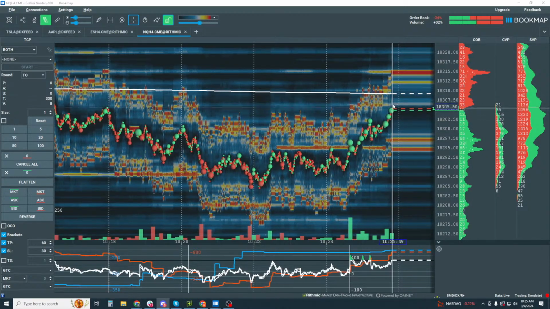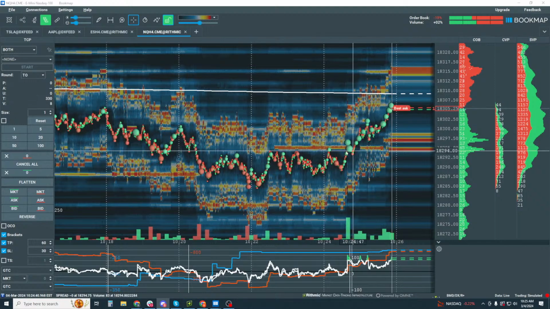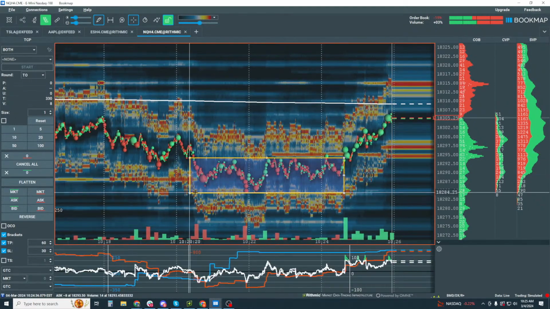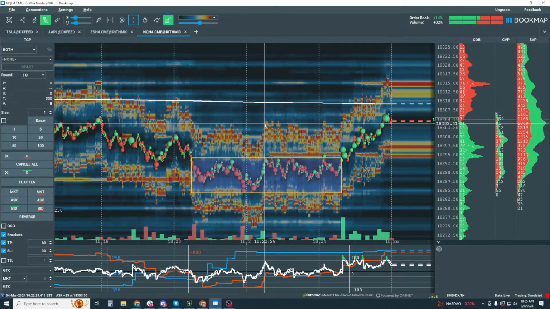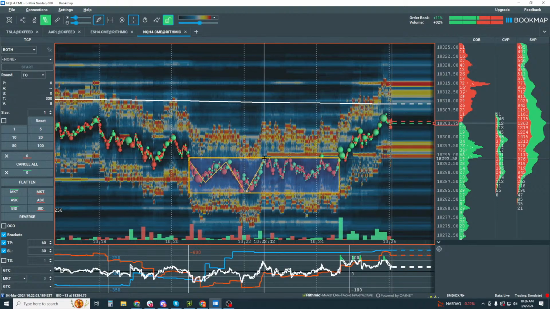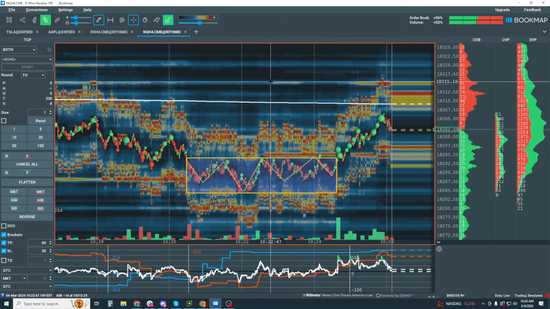So we're looking for those buyers to reach up to this 10 level here. Here it is right in front of us, right? So let's take a look. Here's our consolidation. What are we looking for in here, Rob, in our consolidation? Okay, and this back and forth in here. What are we looking for? You know the answer.